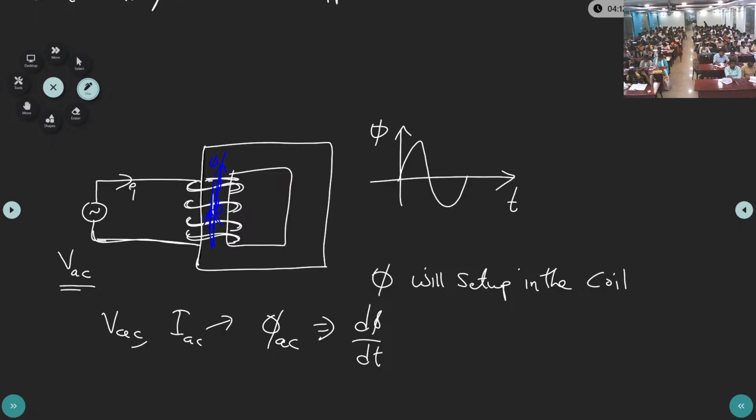The flux goes to zero, maximum, zero, negative maximum, zero. This AC flux will induce an EMF in the coil.